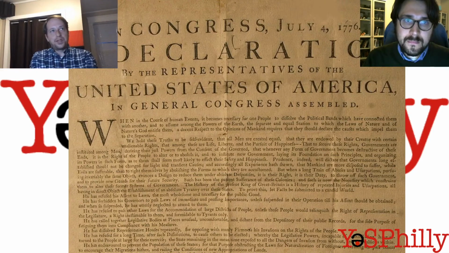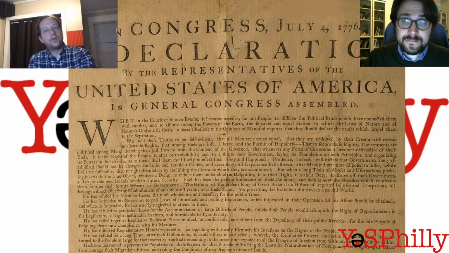I think the issue of hypocrisy on Jefferson's part is really undeniable, right? And I think that it raises this fascinating question that historians have tried to answer now for decades, which is, how is it possible that a Virginia slave owner could write those words in the first place, right?